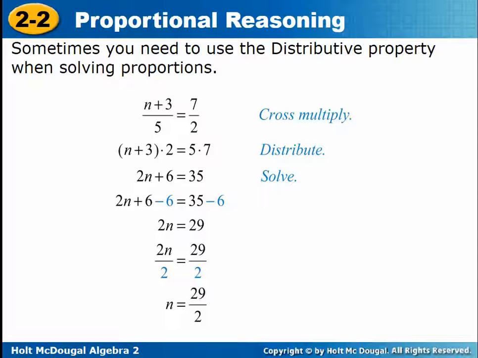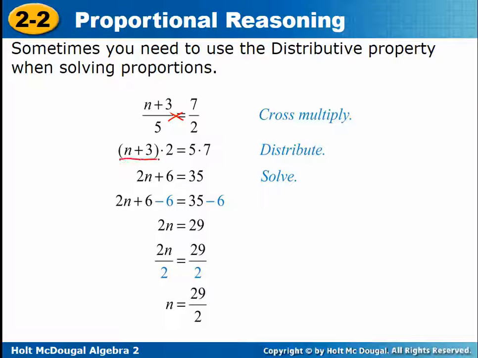Now sometimes your proportion is going to be a little bit more complicated. In this example, instead of just n as the numerator, or the top number of our ratio, we have n plus 3. We're still going to solve the same way. We're still going to say that cross products are equal. So n plus 3 times 2 is equal to 5 times 7.